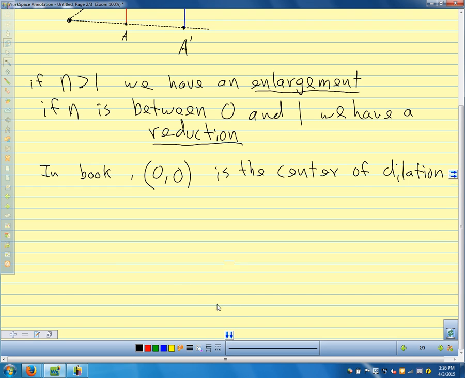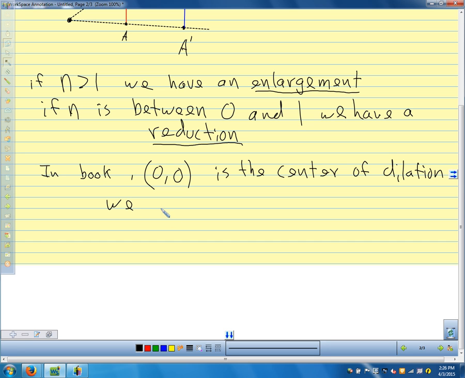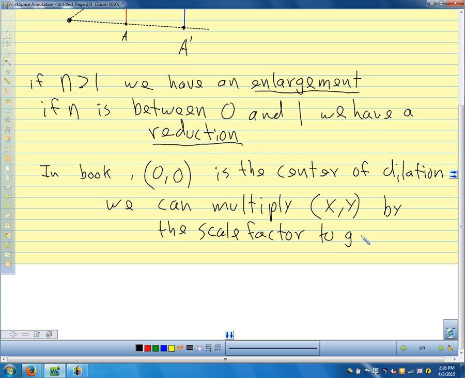When that is the case, we can multiply any point x, y by the scale factor. If we use the origin as our center of dilation, all we have to do to get the coordinates of our new point is multiply the point by the scale factor.